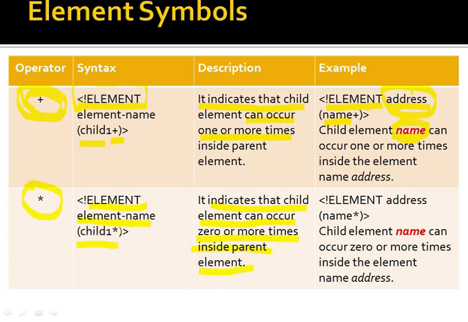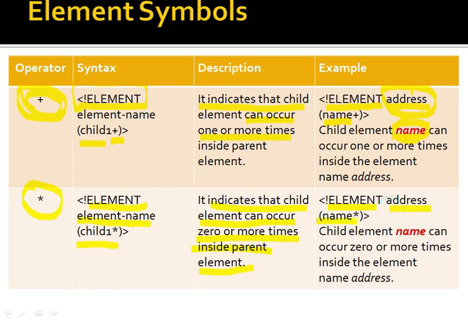So when you have an asterisk, it indicates that the child element can occur 0 or more times. If it is plus, 1 or more times; if it is asterisk, 0 or more times. If you see the example here, element is a keyword, address is the root element.